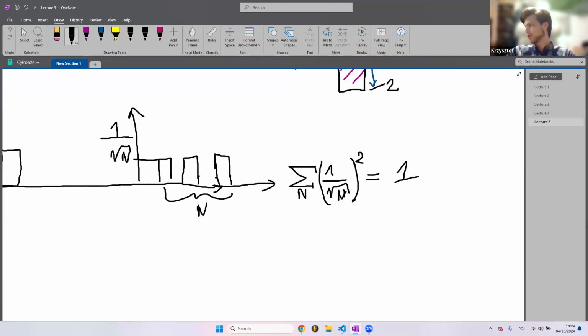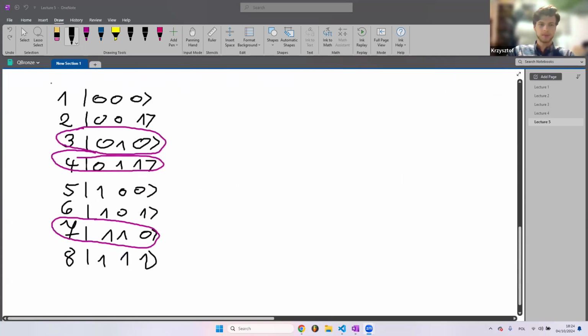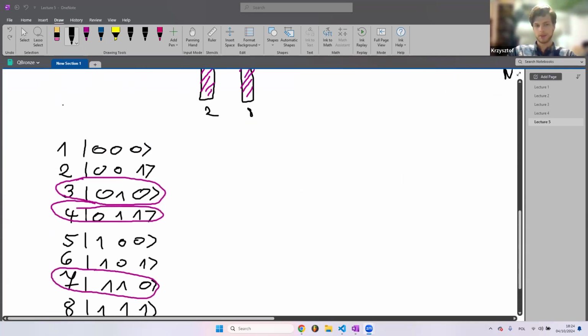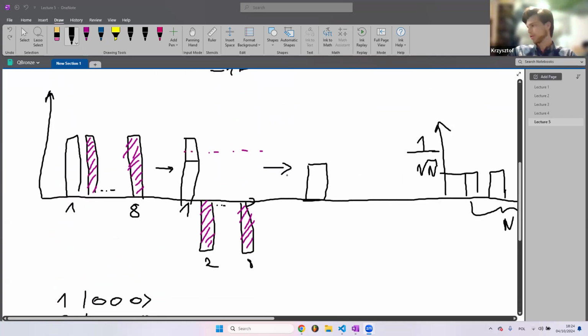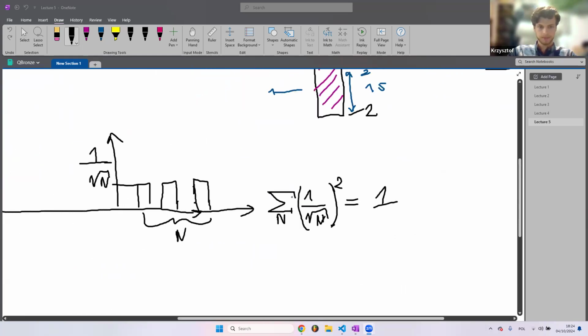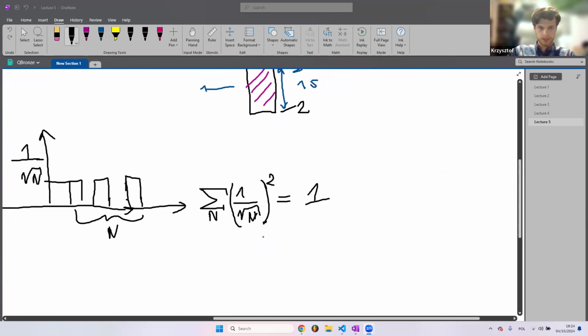You should start from 0, not from 1, from 0 to 7. I mean, it doesn't really matter. There are 8 elements, so indexing doesn't really change anything. But you also could do that. So this sum here is a sum of n elements, each 1 over n, which is n times 1 over n, which is equal to 1.